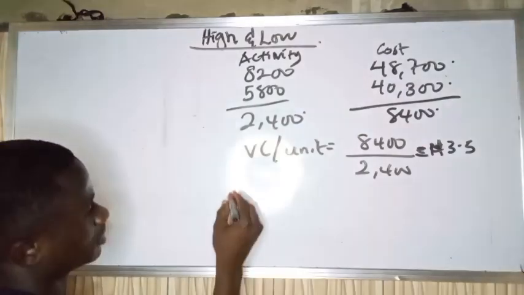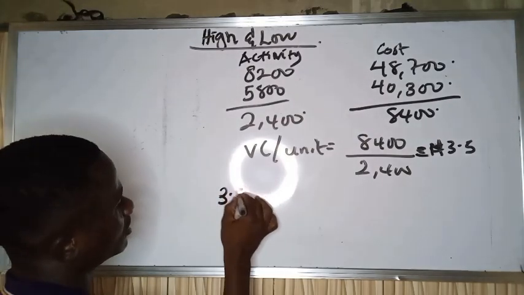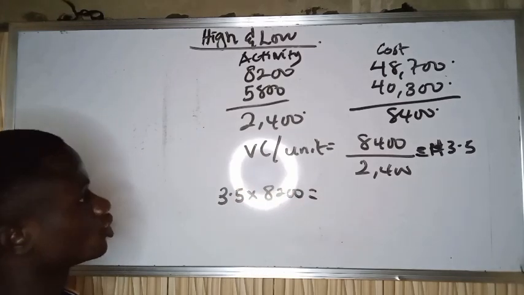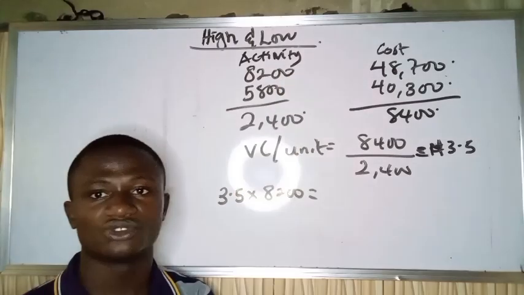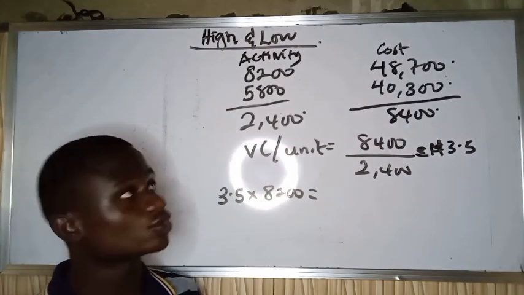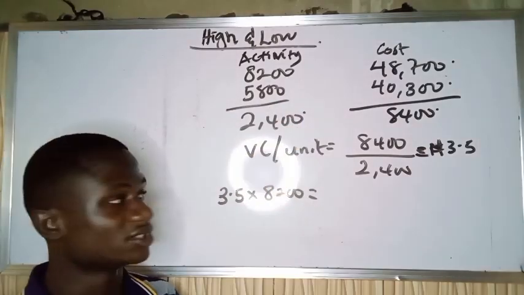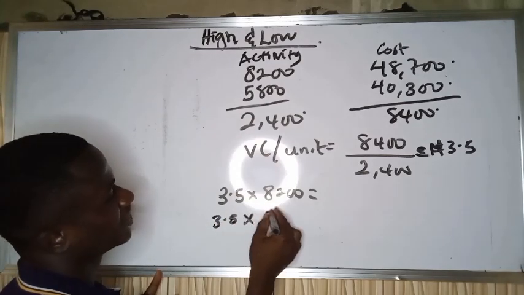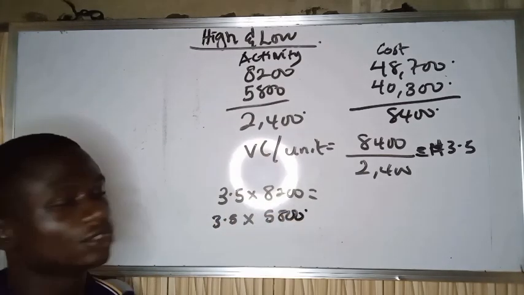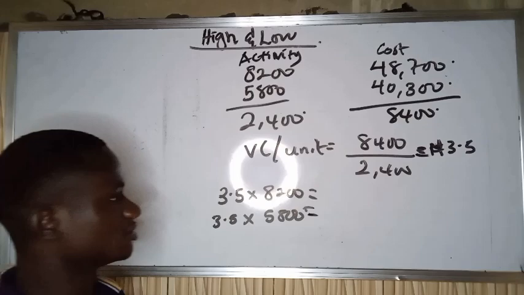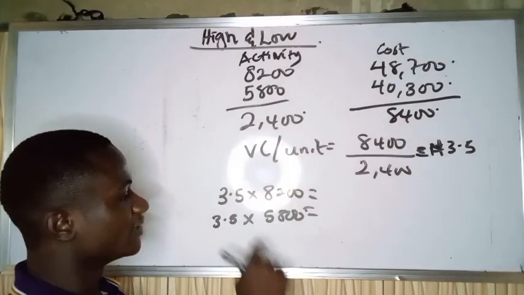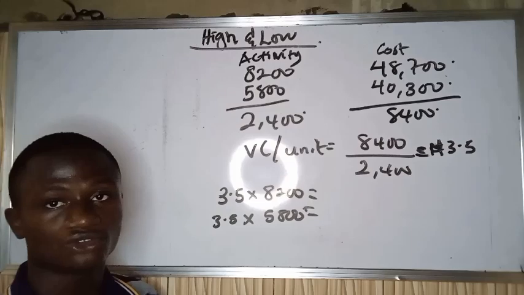I can also use 5,800 by saying the same thing, 3.5 times 5,800. You can use either one, you still get the same thing.